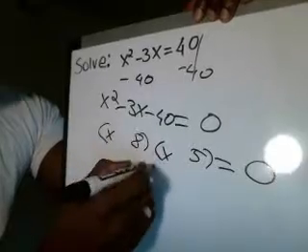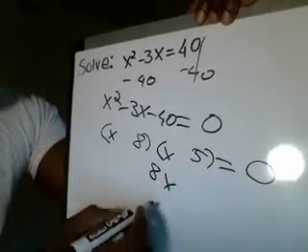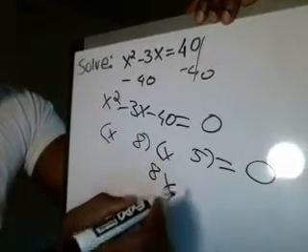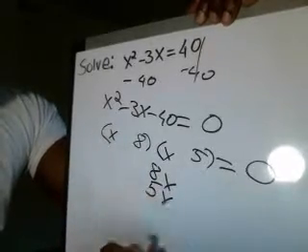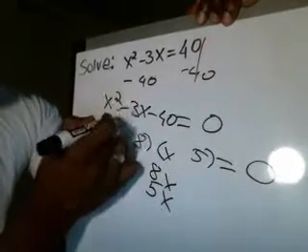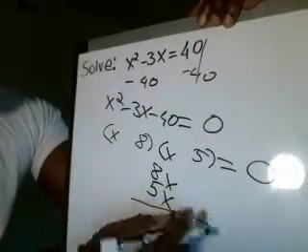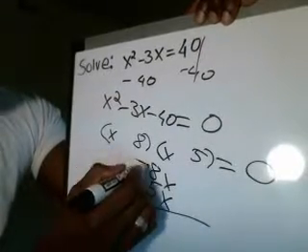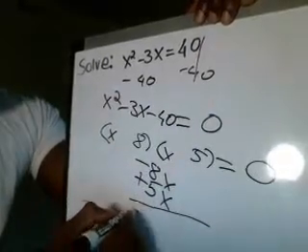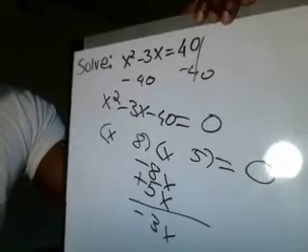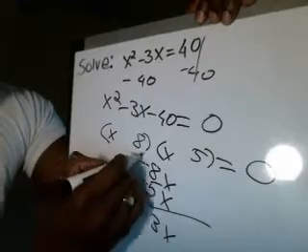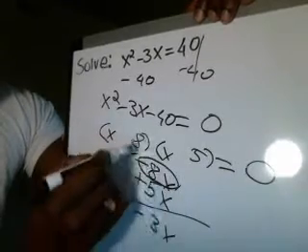8 times x gives you 8x. And 5 times x gives you 5x. Now, is there a way you could get a negative 3x by combining these numbers? Of course. Negative 8 plus 5 will give you a negative 3x if I'm correct. And yes, so look at the first number, a negative 8x.